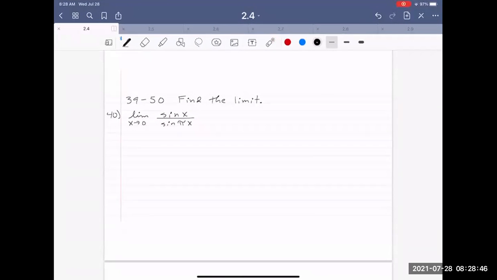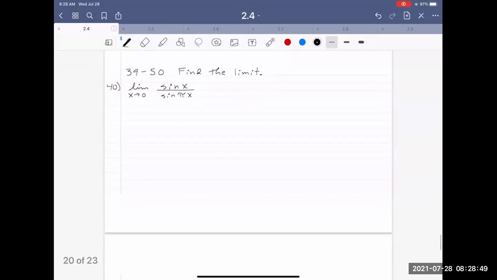So first thing to do is to recall the following: that the limit as x approaches 0 of the sine of x over x is equal to 1.